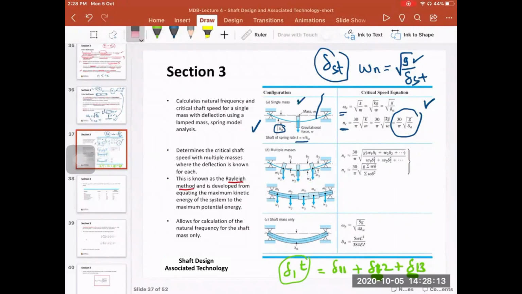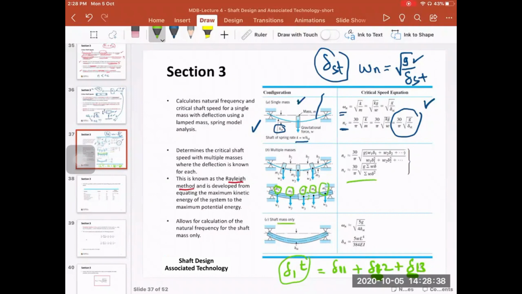For example, this portion here has been divided into mass 1 and mass 2 equally. And then you have mass 3 and mass 4. You see the division line here. You can again do the same, just calculate the deflection at each point, taking one mass at a time, and then add all the deflections together, and then substitute into this equation to find the critical speed.